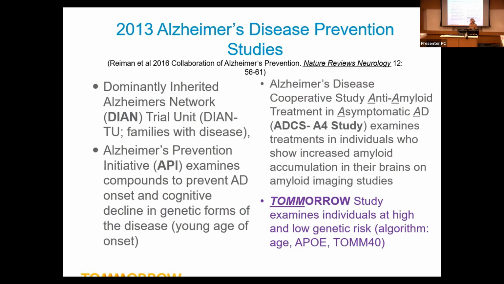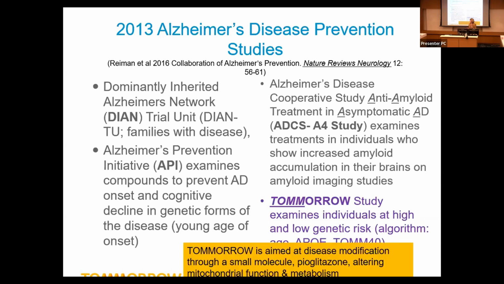That algorithm is based on some genes that you heard about yesterday, and one of the discussions is ApoE, TOM40 genotype, and age. So the combination of those three variables determines whether an individual is in a high risk group or a low risk group. The other difference between the three previous studies and the Tomorrow study is that the compound being tested is not designed to lower amyloid, although it may have that impact.